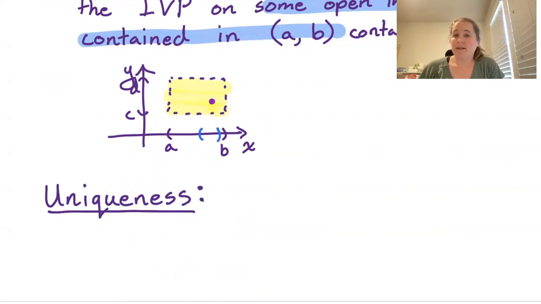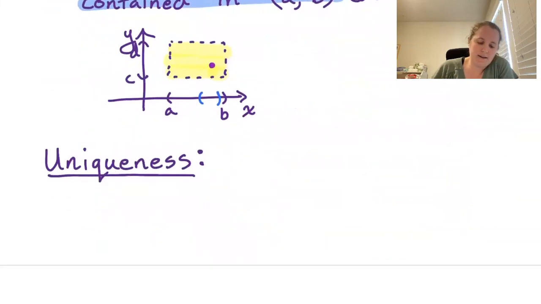So for uniqueness, we are not only going to look at continuity of f, but we are going to look at the continuity of its partial derivative with respect to y.